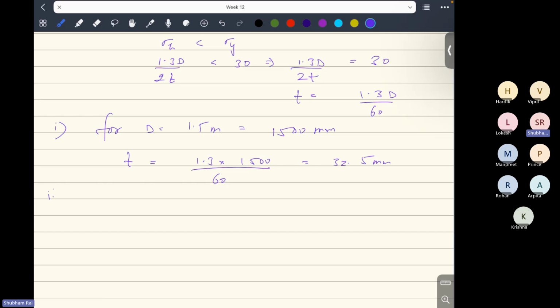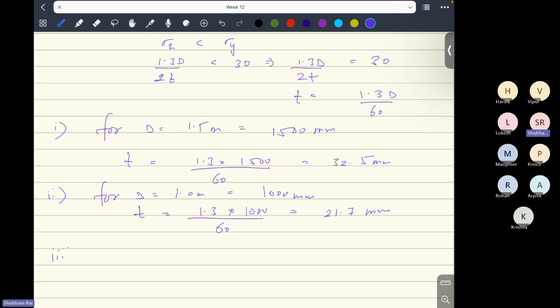You had three cases: d is 1.5, d is 1, and d is 0.5. For the second case, d is 1 meter, that is 1000 mm. So t will be 1.3 multiplied by 1000 divided by 60, which finally gives 21.7 mm.